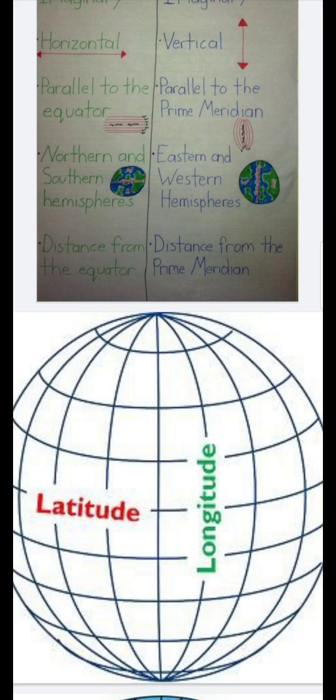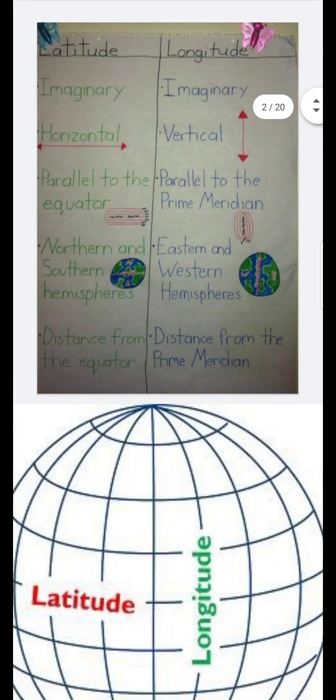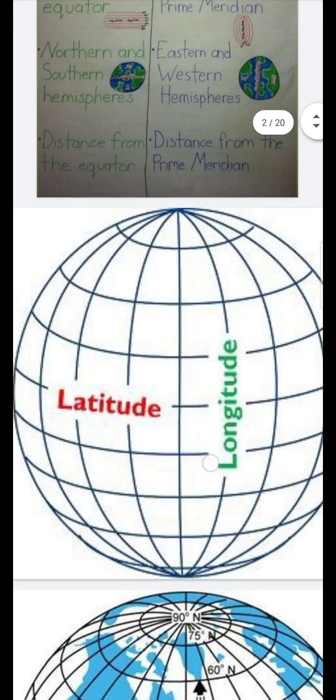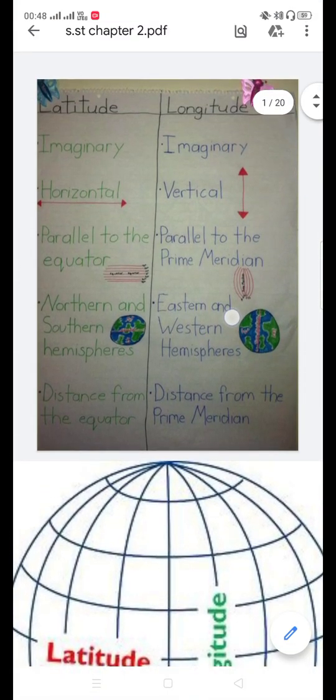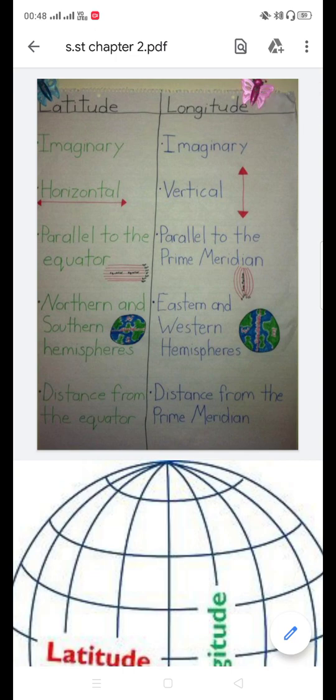And here are some points given on the difference between latitude and longitude. Both are imaginary lines. Latitude is horizontal, longitude is vertical.